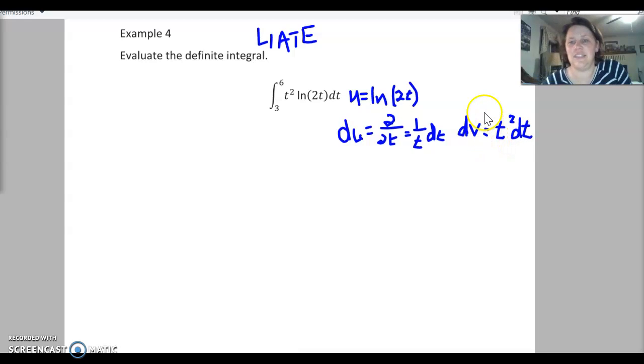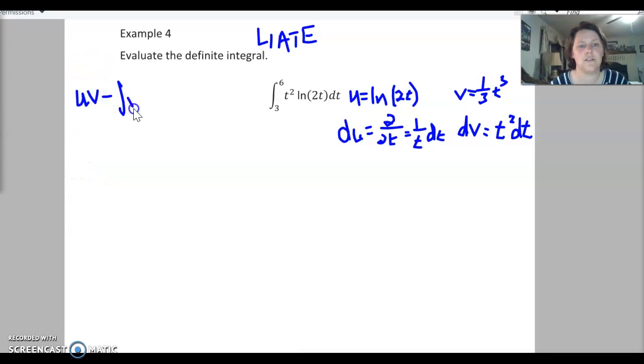And now we want to integrate dv to find our v. So v is going to equal 1/3 t cubed. And now we can follow our formula. So our formula is uv minus the integral of v du. So the natural log of 2t times 1/3 t cubed minus the integral of v du.